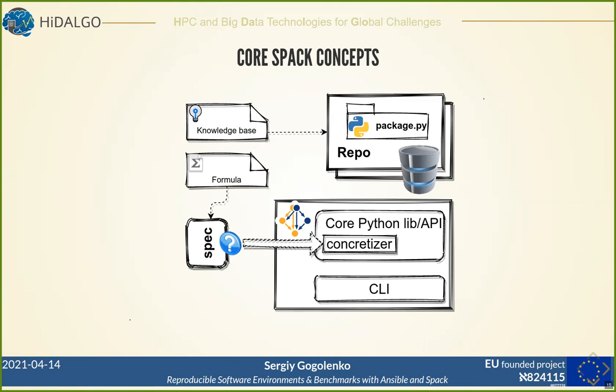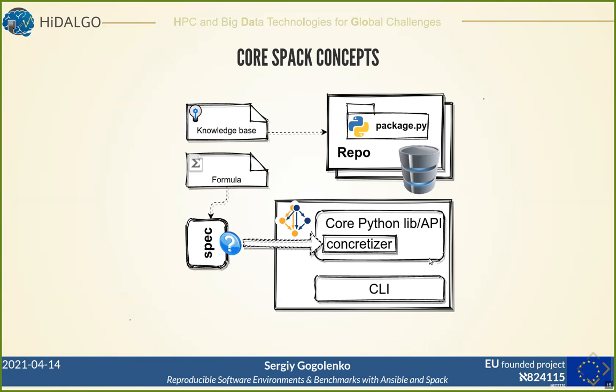Concretizer is the tool which allows, from some spec, to create a directed acyclic graph of dependencies of this spec. So it allows to assign some concrete versions, to define the whole process of installation in detail, and also concretize it for all dependencies.